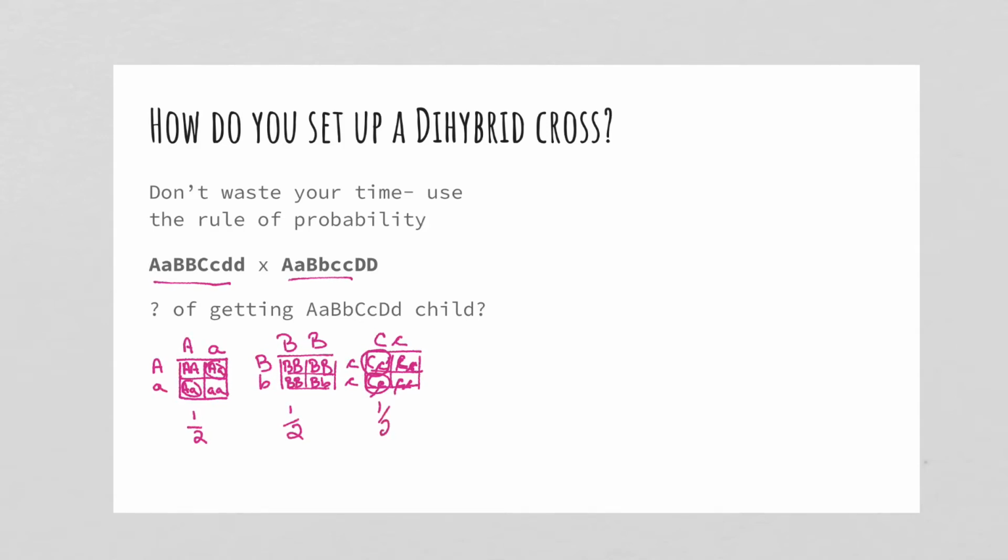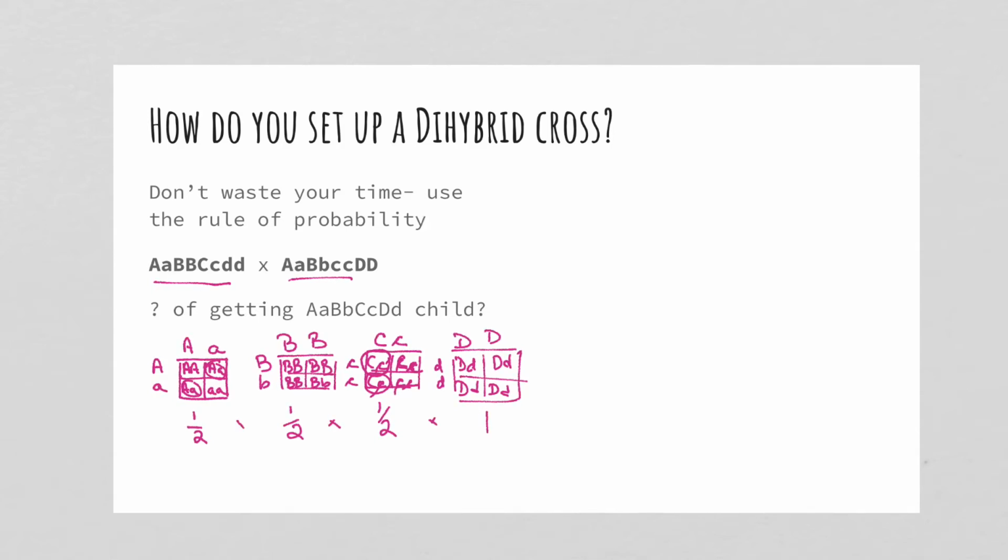I think I got that right. I'll double check that in a second. And the last one is big D, little d. What's the probability of getting big D, little d? If I did this correctly, it should be 1.